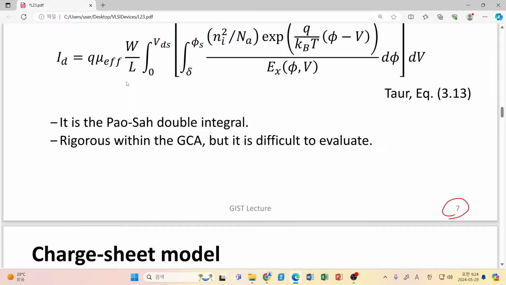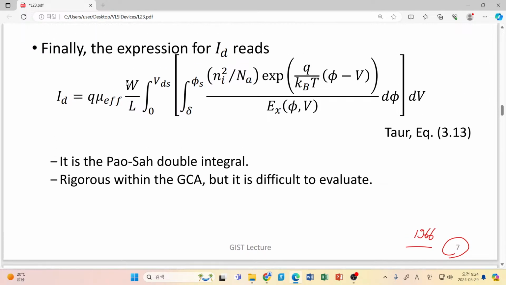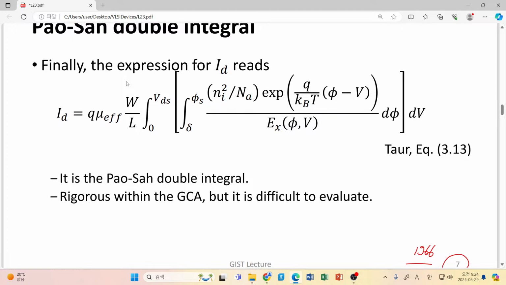That is known already in 1966. But please note that, once again, Tower equation 3.13 is the result, and in order to calculate this drain current, what we have to do is just to perform this integral twice, d phi integration and dv integration.